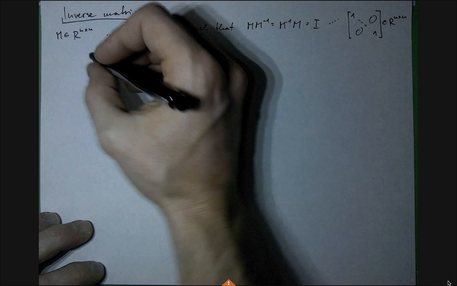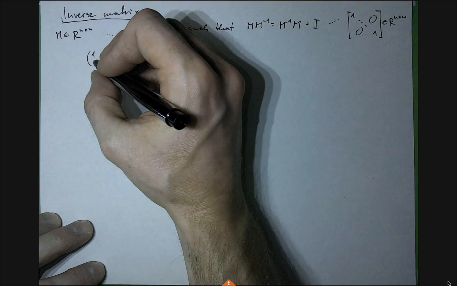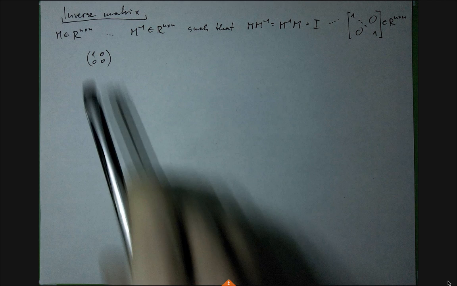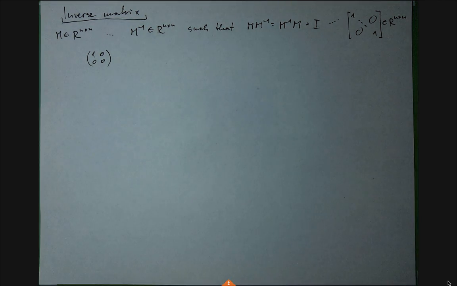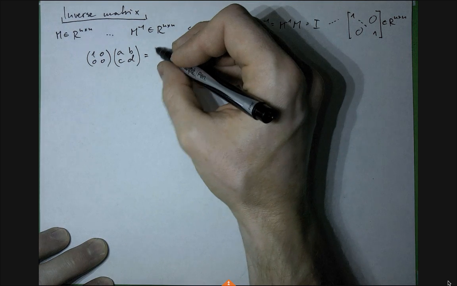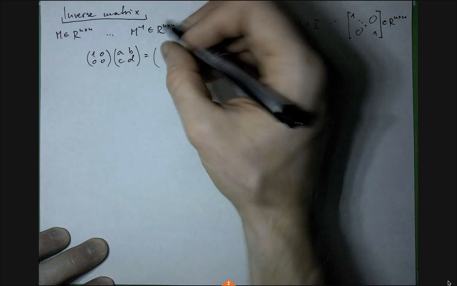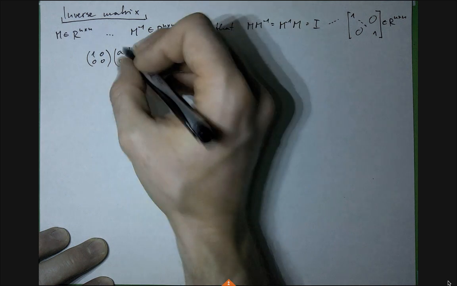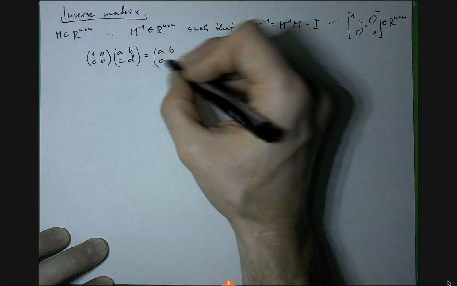Think about this matrix, 1, 0, 0, 0. There's no way you can possibly invert this matrix. Why is that? Because if I have an arbitrary matrix A, B, C, D here, what is the product of the two? You should be able to do the product in your head. So this is A, B, 0, 0.